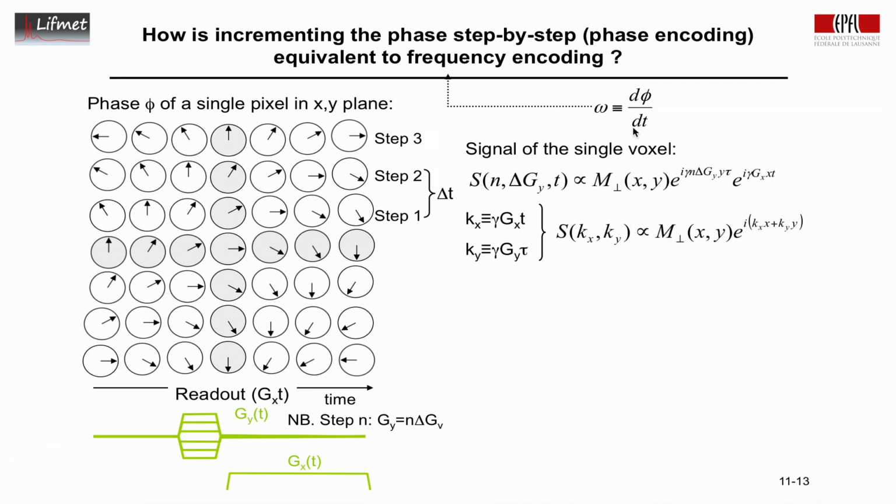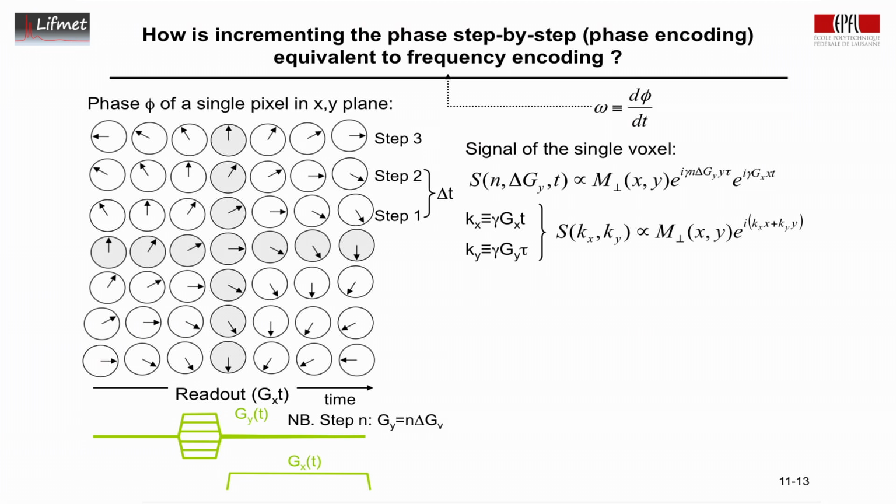We have the transverse magnetization, that's this term, and now the phase term here changes, and you can verify this. This gives us i times kx times x plus ky times y. That's our signal of our voxel with this transformation of the variables. Here, this is what we relate to the experiment, but these are mathematical variable transformations.